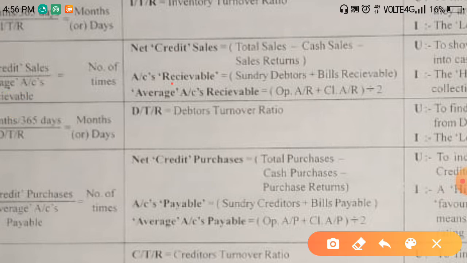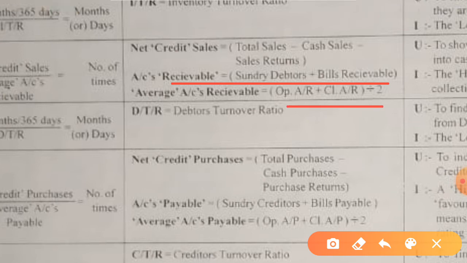But we need to take average accounts receivable, that is opening accounts receivable plus closing accounts receivable by 2. You will get the average.